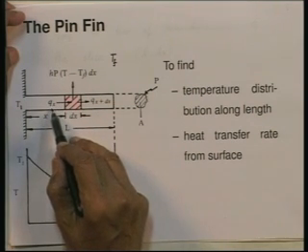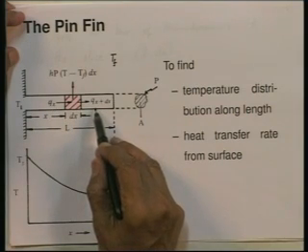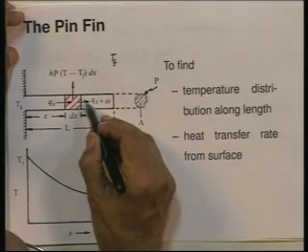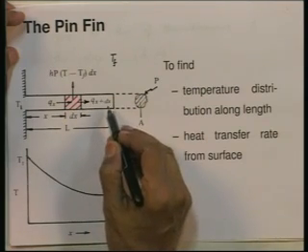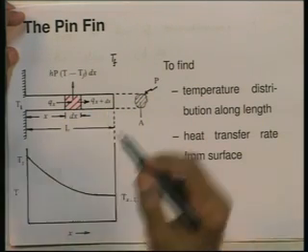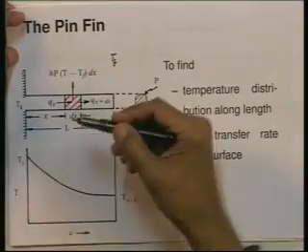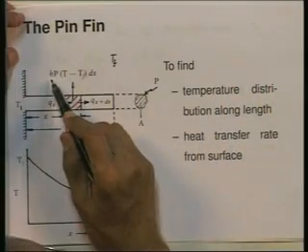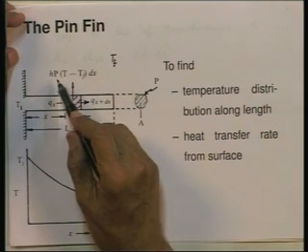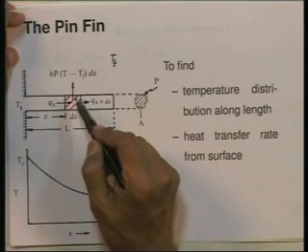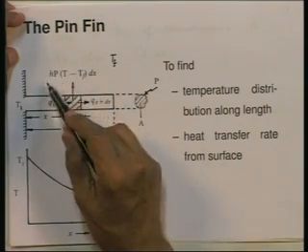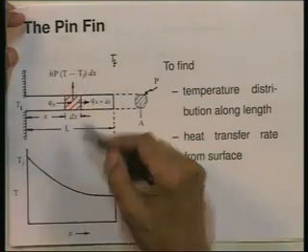Qx plus dx is the rate at which heat is being conducted out of the element by heat conduction, and we also need to consider the heat flowing by convection from the surface of the slice, and that is h, the heat transfer coefficient, into the surface area P times dx, where P is the perimeter, into the temperature difference T minus Tf. So, this is the heat being lost by convection from the surface of the elementary slice.